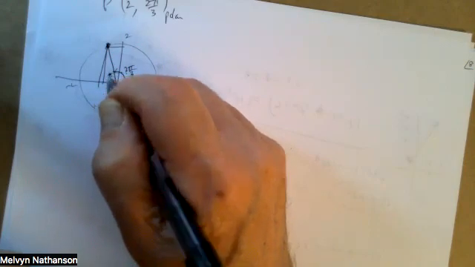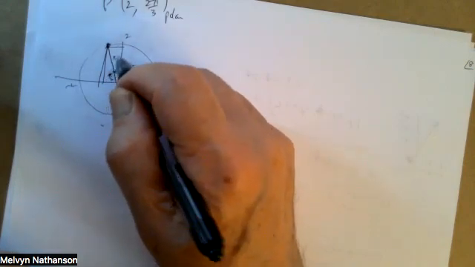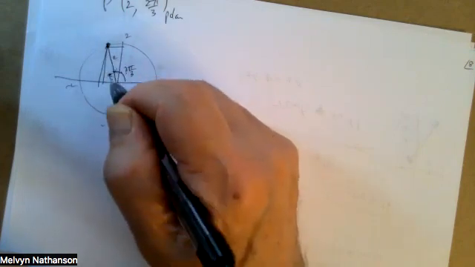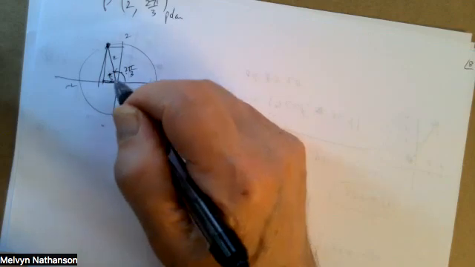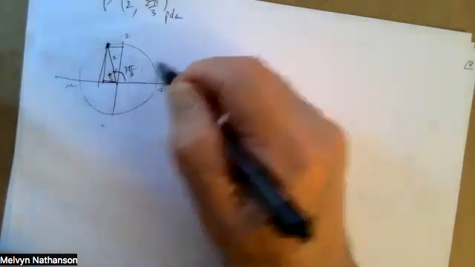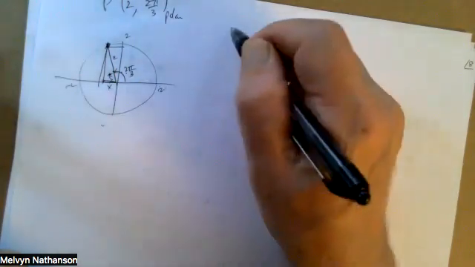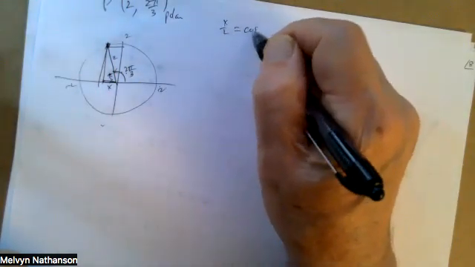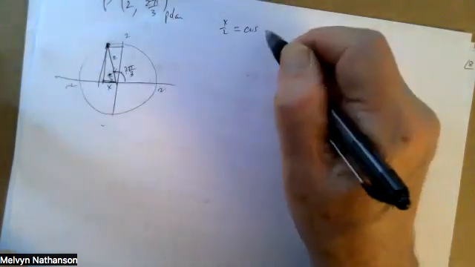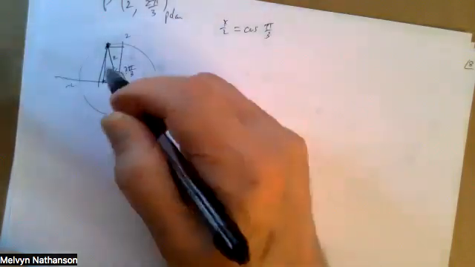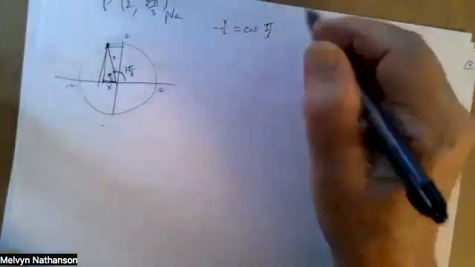That means this is the angle pi over 3. This hypotenuse is 2. What is this x distance? This is the cosine. So if I call this x, x over 2 is the cosine of pi over 3. Of course, it's in the negative direction, so minus x over 2 is the cosine of pi over 3. You have to know what is the cosine of pi over 3.